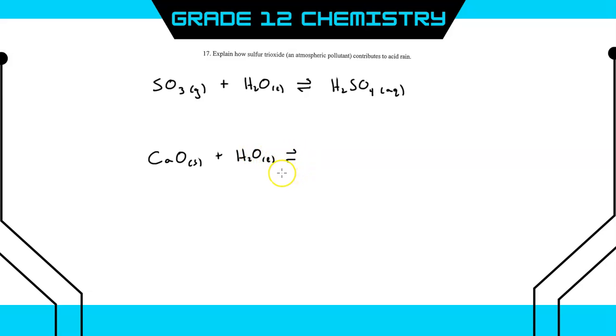But in this case, we are going to get calcium ions and hydroxide ions. So whereas a non-metal oxide produces an acid, a metal oxide will produce a base.